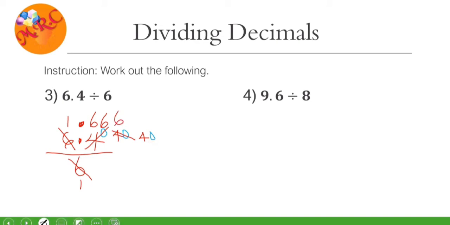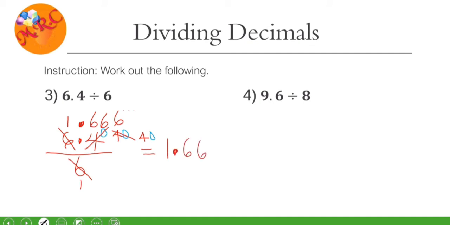And I can stop there because it's a recurring decimal. I can put those 3 little dots to say that it's recurring. Alright, so my answer is 1.6666, or you could stop it at 1.66.